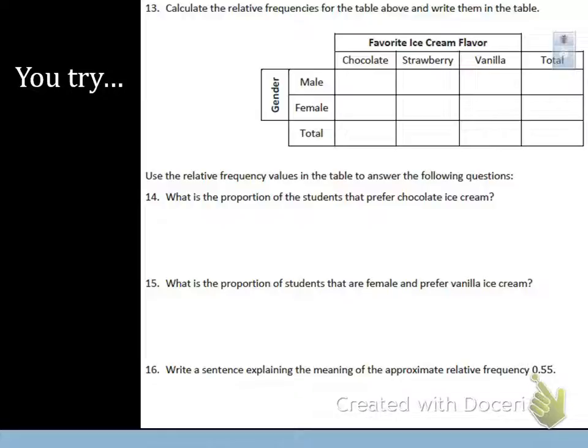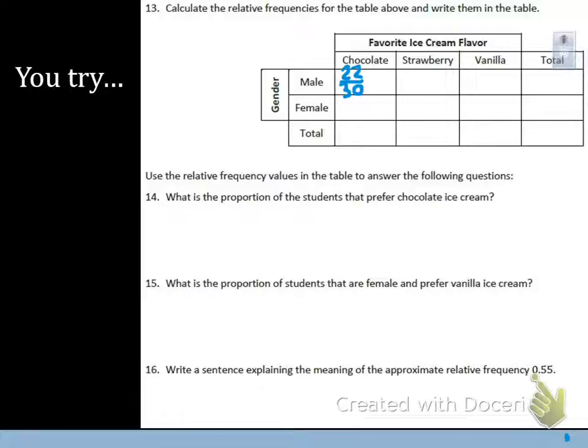So if I think back to my work here, to find probability, I put a number over a total number to get that. So if I take a look here, for males that liked chocolate ice cream, that was 22 over the total people that liked chocolate was 30.